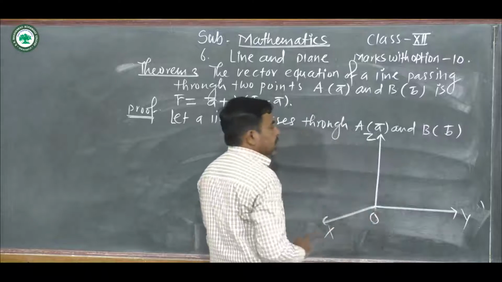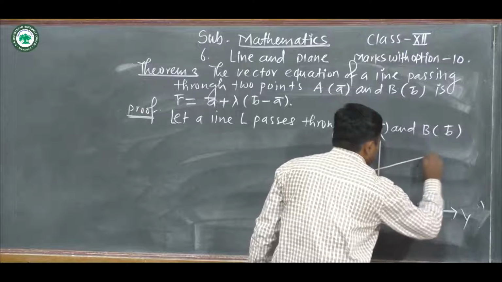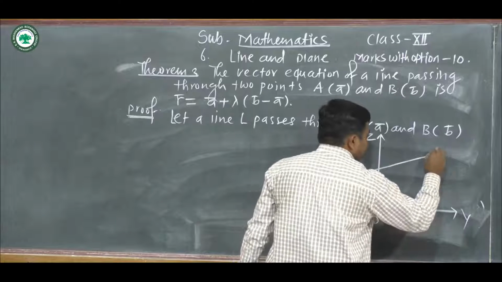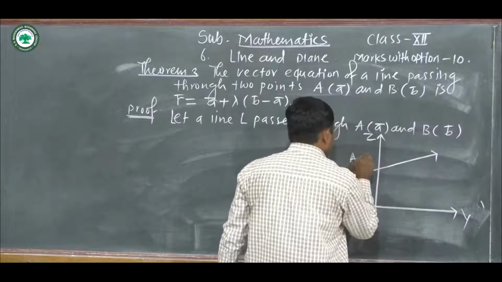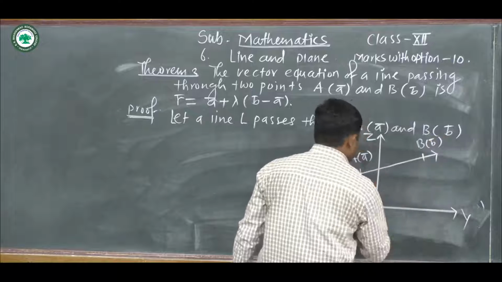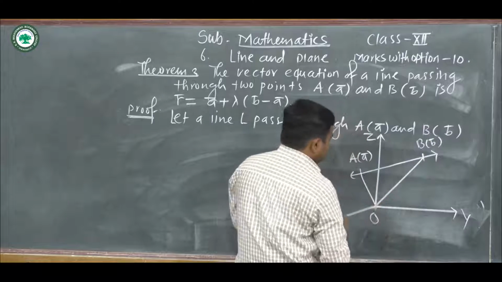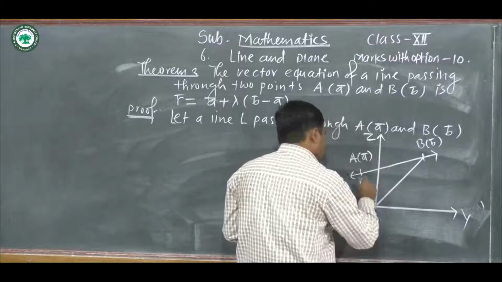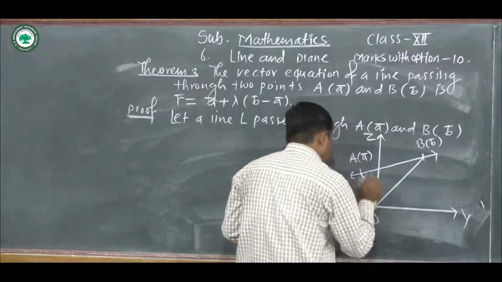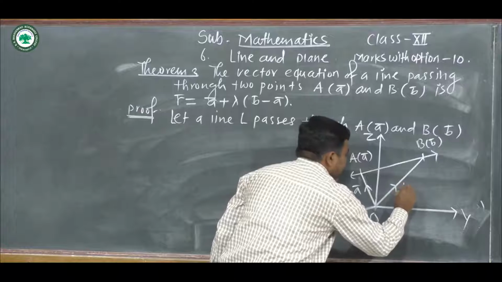This is a three-dimensional system. We have a line passing through 2 points A and B. So if we join OA and OB, we get the position vectors of the points A and B. So it is A bar, this is B bar.